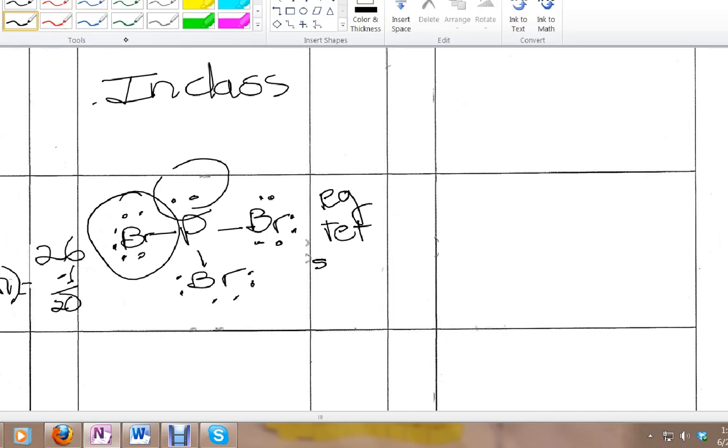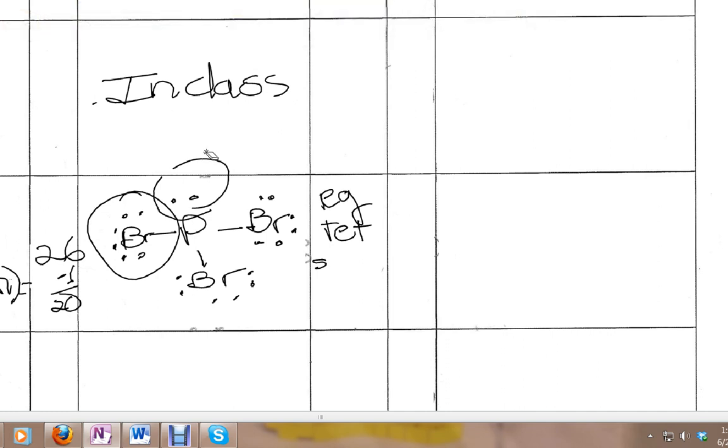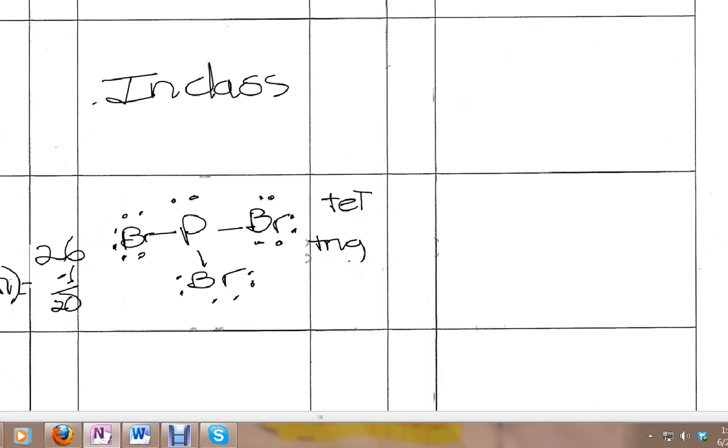The shape is going to be trigonal pyramid. Okay. What was that question on this column, I forgot. Isomers. No, there's no way.